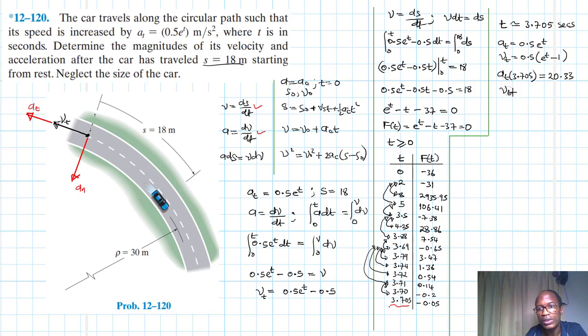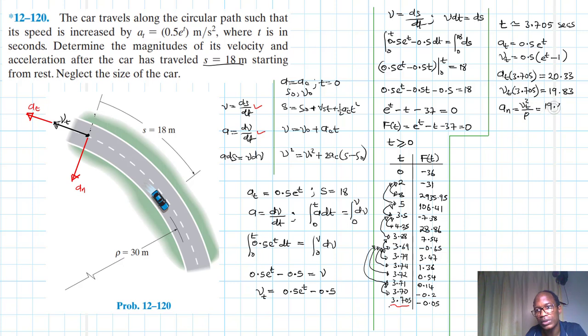And then v(t) at 3.705 is e to the power 3.705 minus 1, times 0.5. This gives us 19.83.